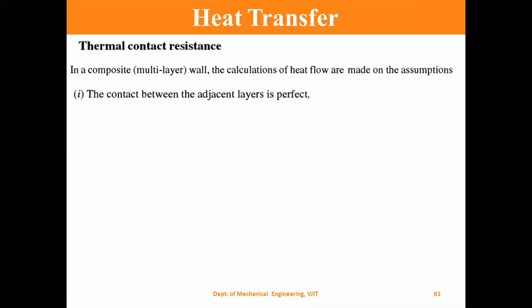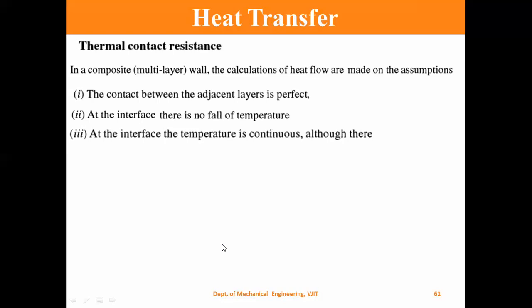So what are the important assumptions in the calculations of the composite wall? The contact between the adjacent layers is perfect. And at the surface interface, there is no drop in temperature. That is the second assumption we are making in solving the heat transfer through composite slabs.